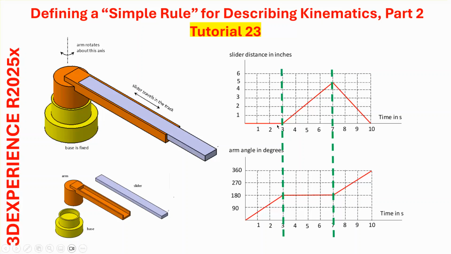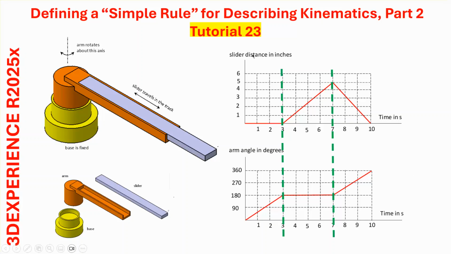See that? Between 0 and 3 seconds, these have the same expression, meaning we have a formula, a law, or a rule here. Between 3 and 7, something happens to these, and between 7 and 10, something happens to these.